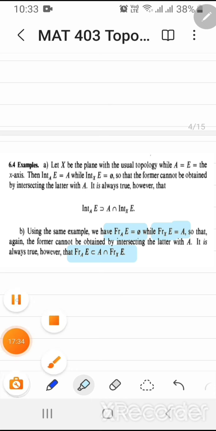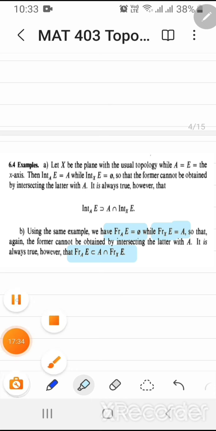There are two sets X and Y, and a function f from X to Y. If we take one point x naught in X, then the image of this x naught is f of x naught.